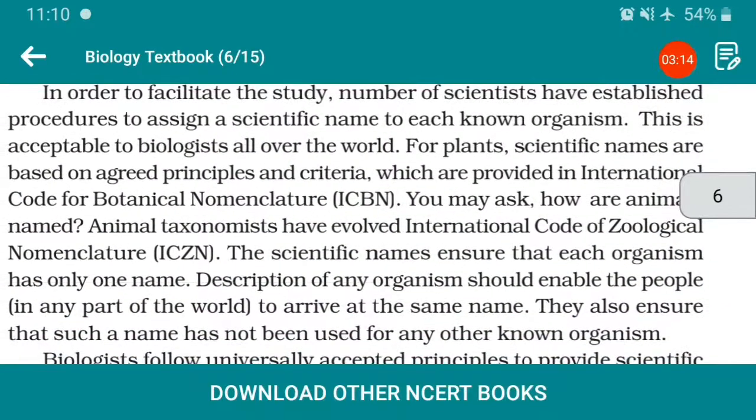Then scientific names: the scientific biologists give names based on agreed principles and criteria which are provided in the ICBN, that is the International Code for Botanical Nomenclature, and another, the ICZN, that is the International Code for Zoological Nomenclature.